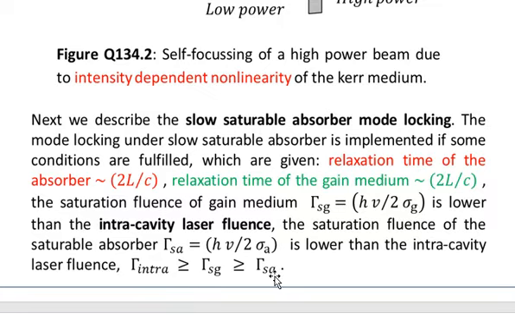That is, the saturation fluence of the saturable absorber should be smaller than the saturation fluence of the gain medium, which should be smaller than the intracavity fluence. So here we have listed some conditions that are required for slow saturable absorber mode locking to work.